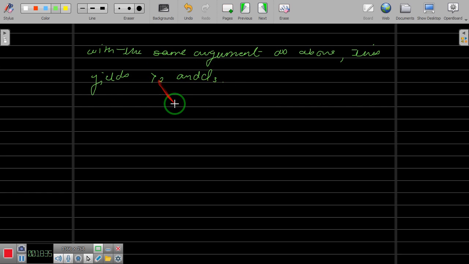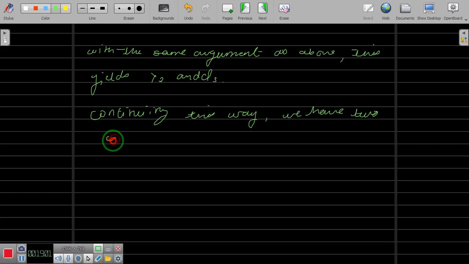So again we will have lambda 4, phi 4 and k4, and continuing in this manner we will have two cases. Let us take case by case.